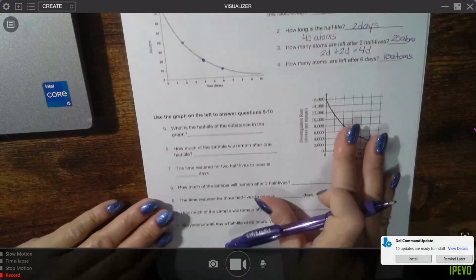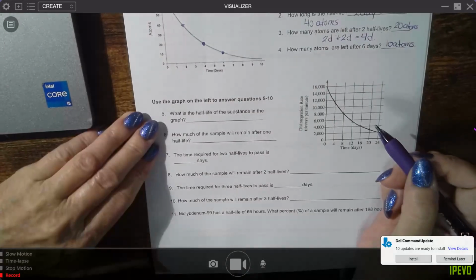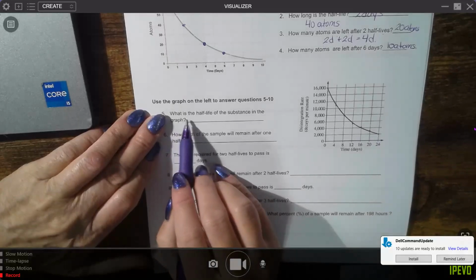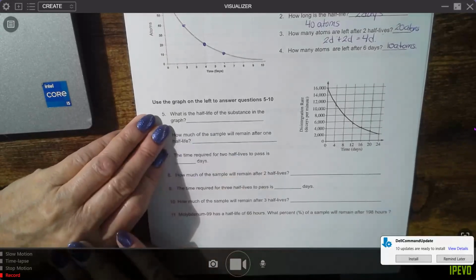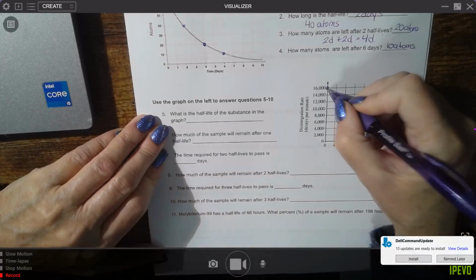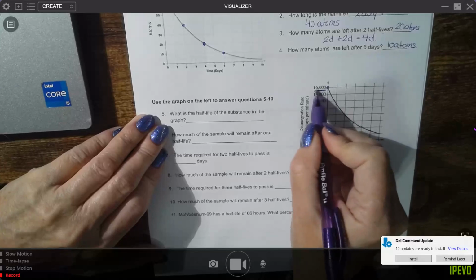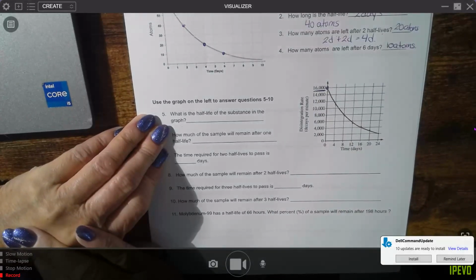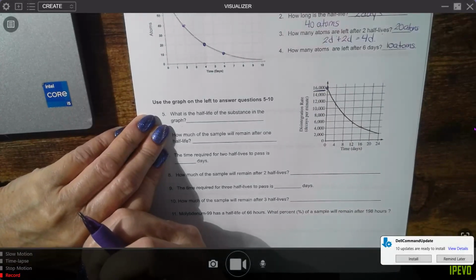So let's look at another graph. What is the half-life of the substance in the graph? When you look at this, the important thing is to look at what you start with. So in this graph, we start with 16,000 isotopes.